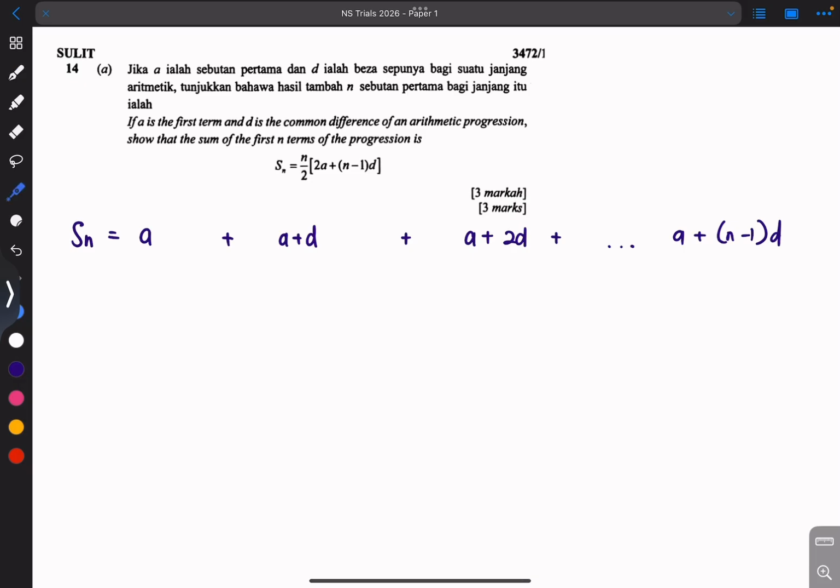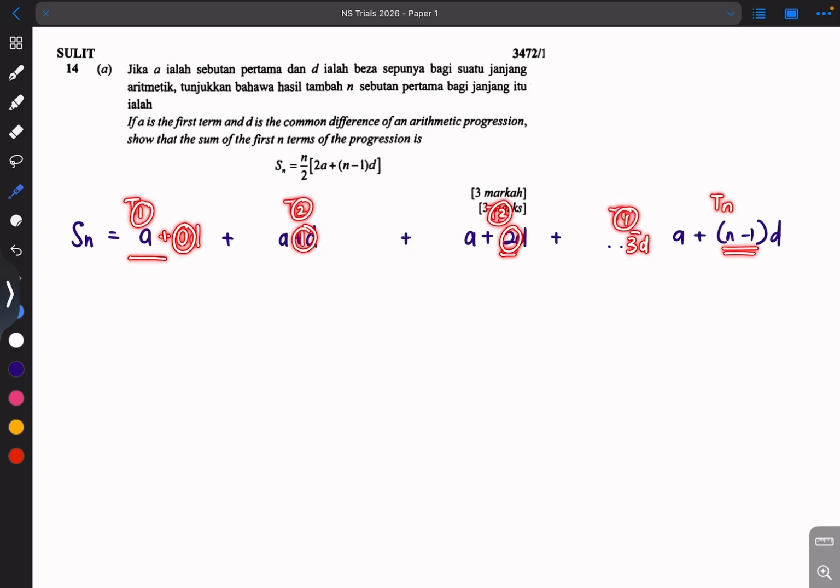Okay, this is because first term, when this is t1, we plus 0d. When this is t2, we plus 1d. When this is t3, we plus 2d. t4 would be 3d. So t_n would be (n minus 1)d. Okay, you see 1 becomes 0, 2 becomes 1, 3 becomes 2, 4 becomes 3.